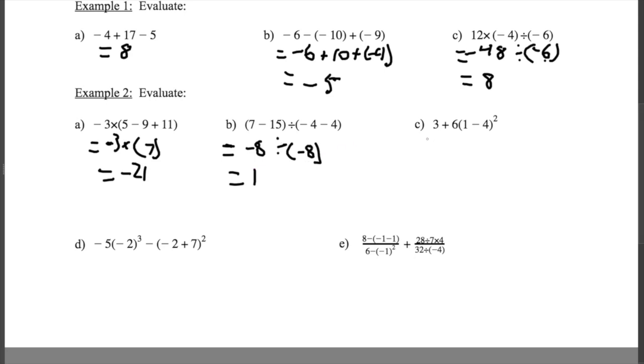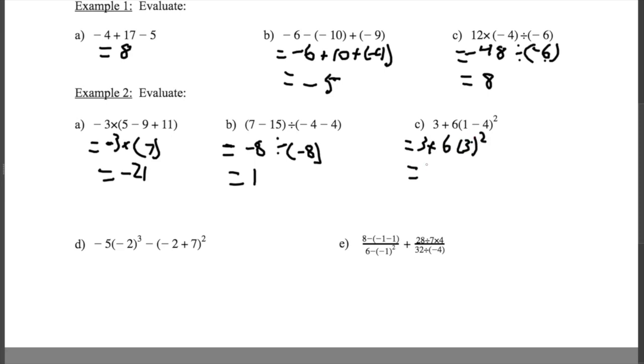From this one here on C, you have 3 plus 6 is multiplying a bracket. So again, we're going to complete the bracket first. So 3 plus, and we'll leave the 6 alone on the outside. Complete the bracket first, you will get 3. And then after that, we're actually going to have to do the exponent before we do anything else.